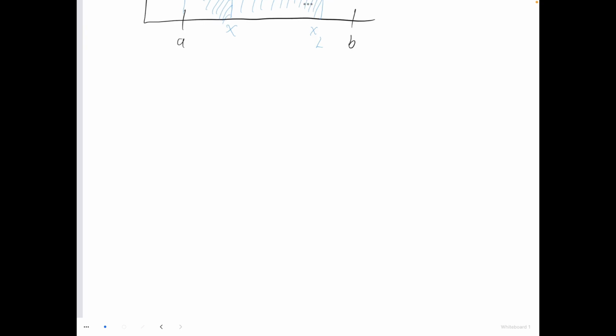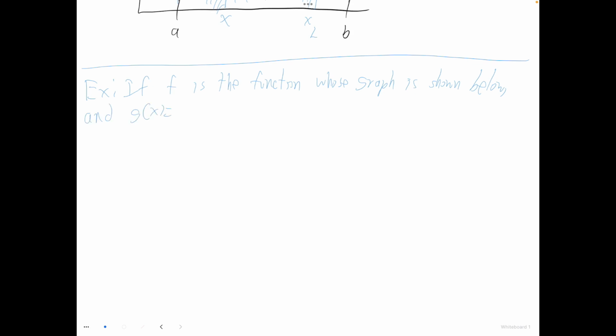So let's do an example to get a little bit more of an idea of what this function really is talking about, what functions like this are like. And so if f is the function whose graph is shown below, and g of x is going to be the integral from 0 to x of f of t dt, we want to find values of g of x.